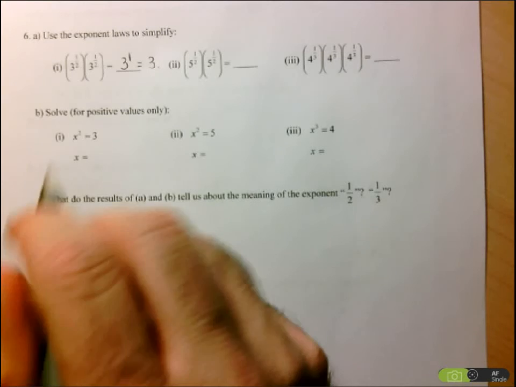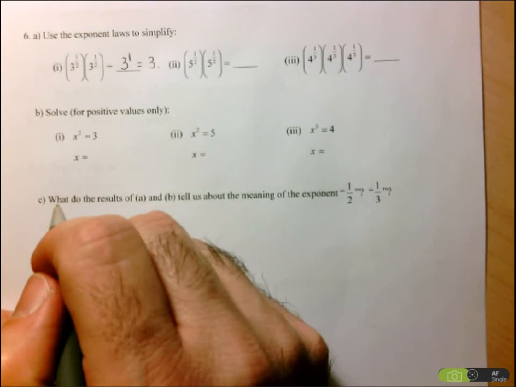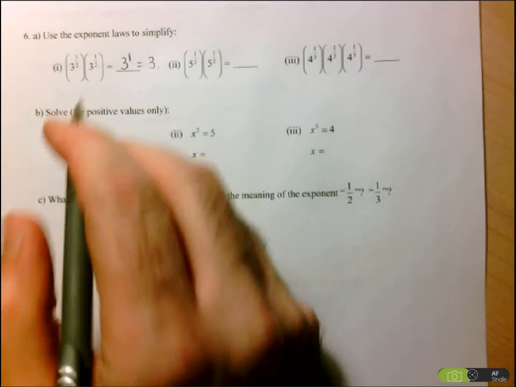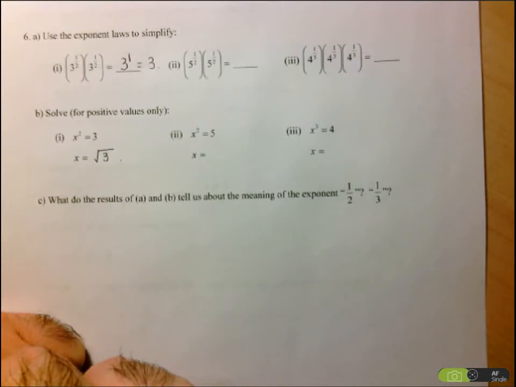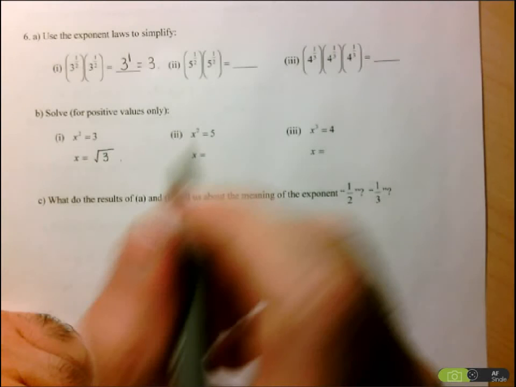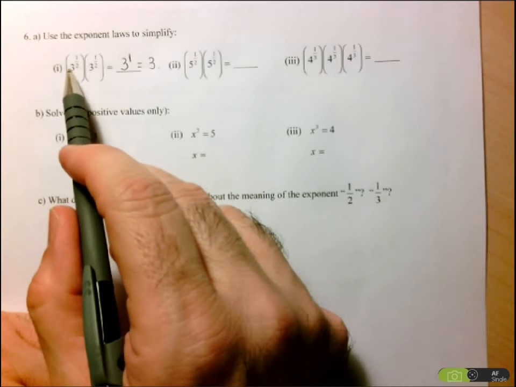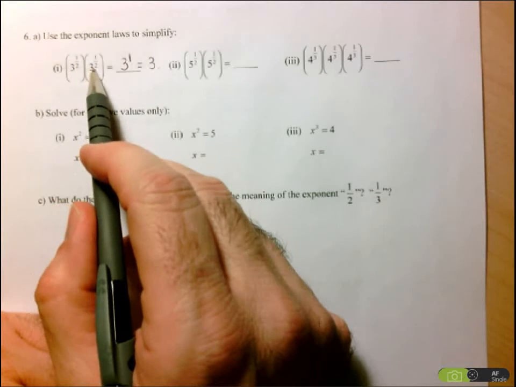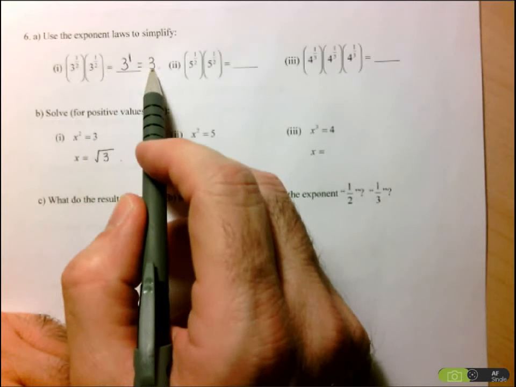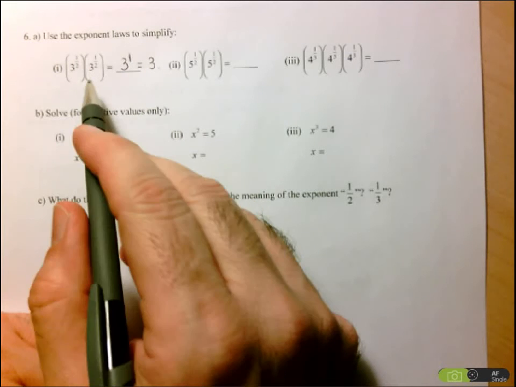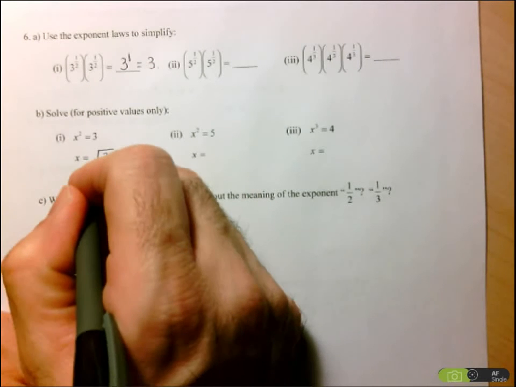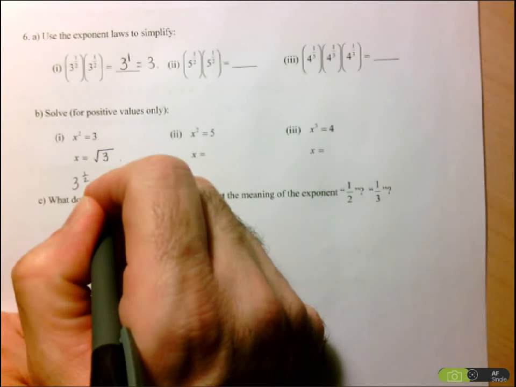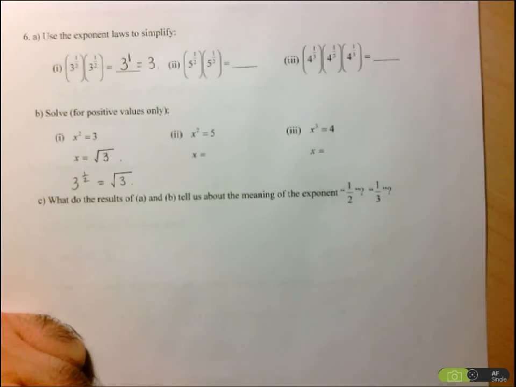Solving just for positive values, we solve it by taking a square root. So this number that multiplies itself to give you 3 must also be equal to root 3. That means 3 to the 1/2 must be equal to the square root of 3.